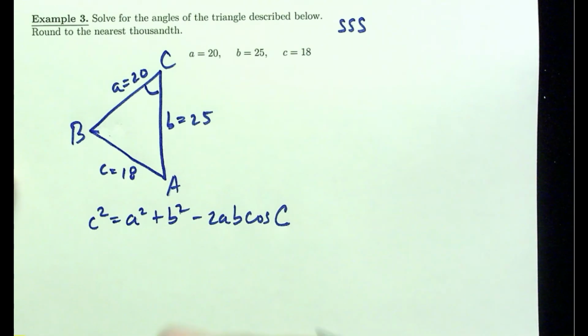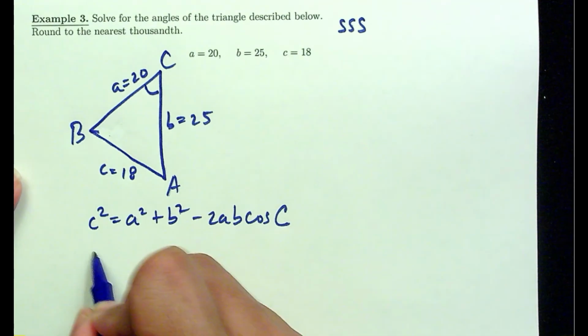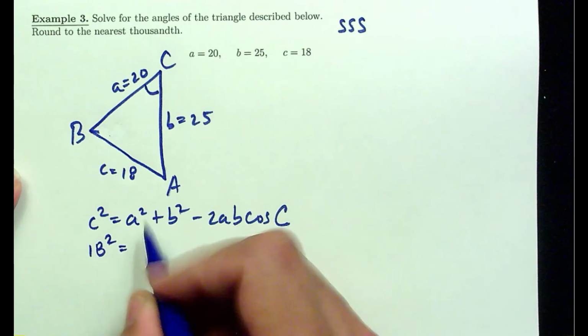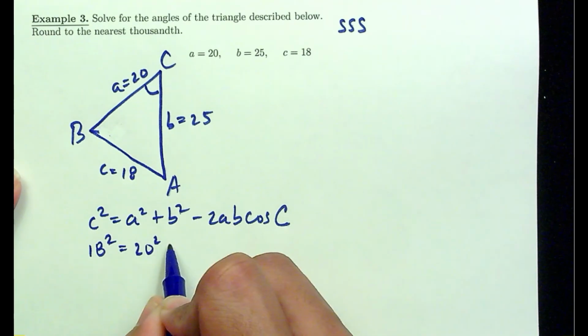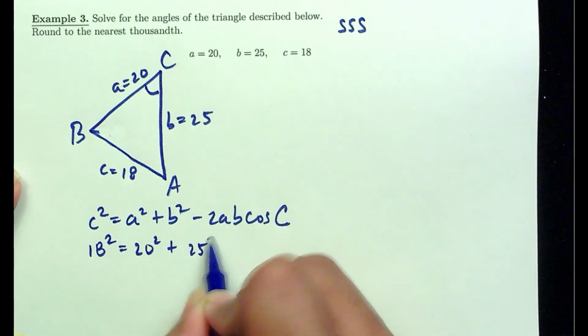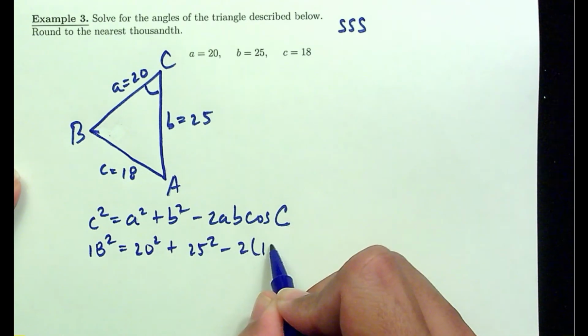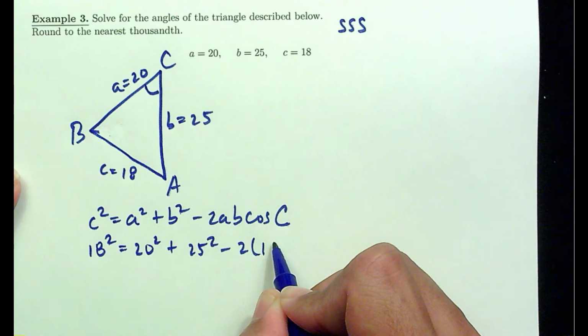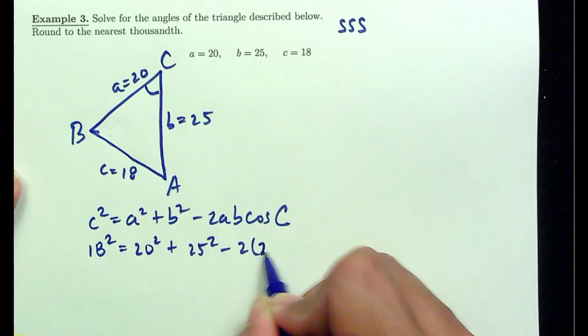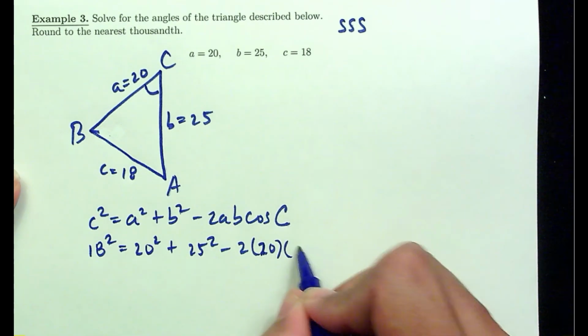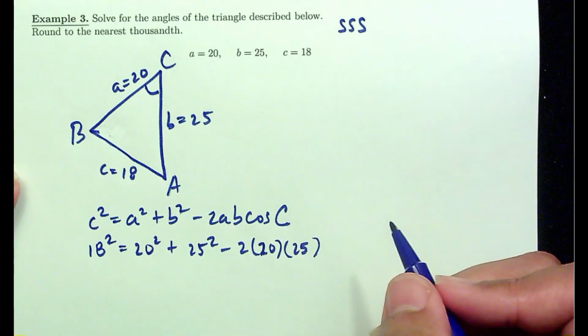Now I plug in my numbers, and I will get 18 squared equals 20 squared plus 25 squared minus 2 times, what is A? A is 20. B is 25.